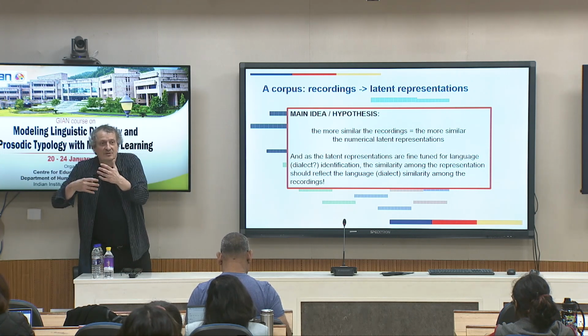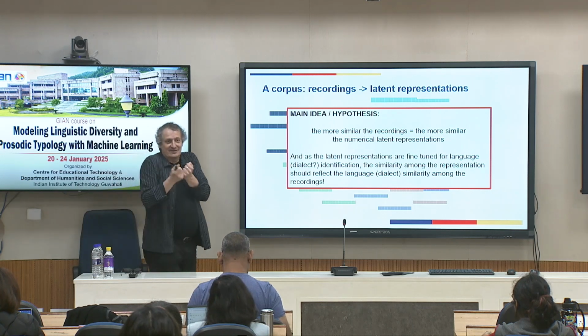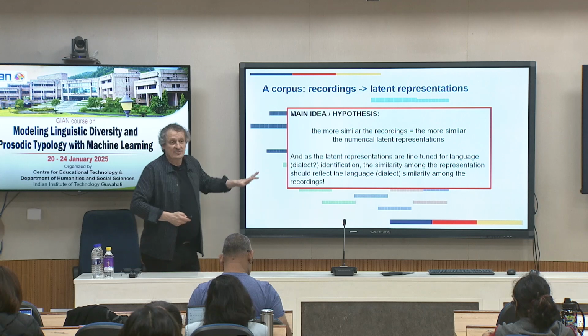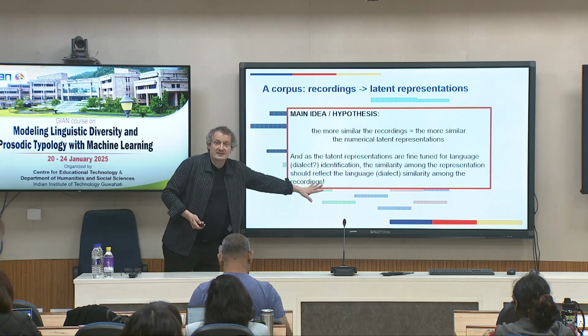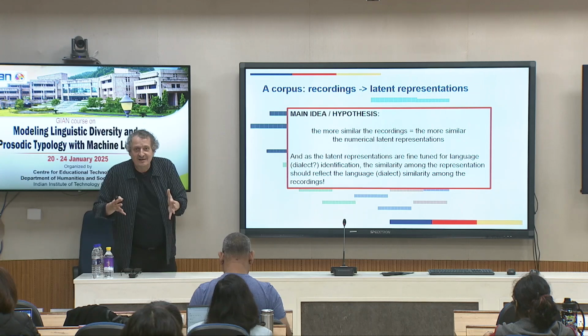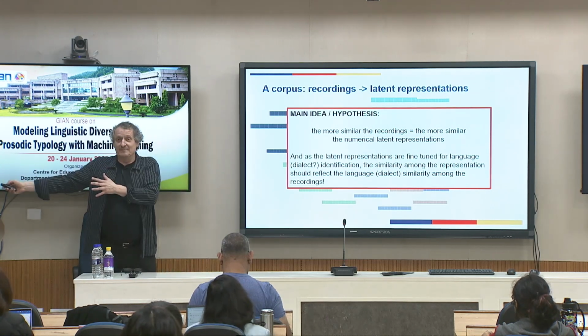It tries to only suck out or represent the characteristics which are relevant for differences among the languages. So using this type of representation, we would hope that the more similar the vectors are, the more similar the languages or dialects from which the vectors come.